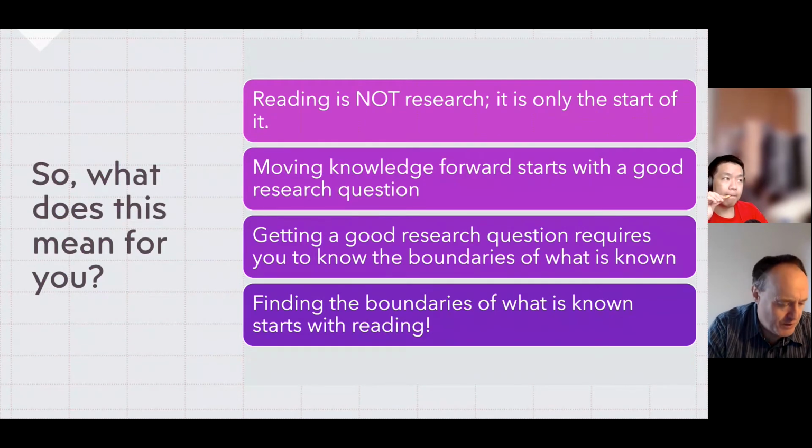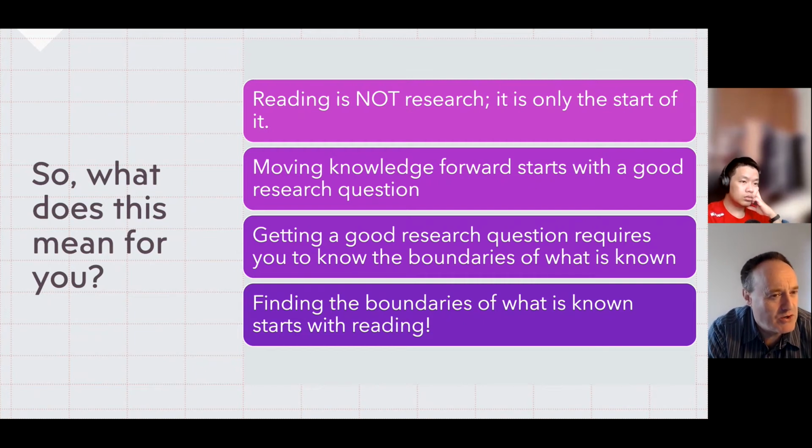So one of the important things to take away from that as well, which is probably the thing that most confuses students, is the idea that reading and research are not the same thing. And I'm going to talk a little bit about that in a second. We move forward our knowledge base by making sure that our research question is really focused.